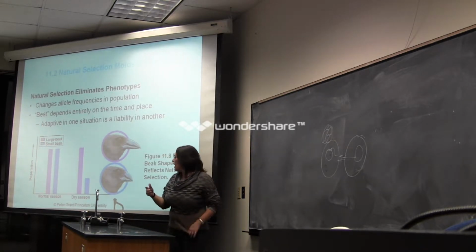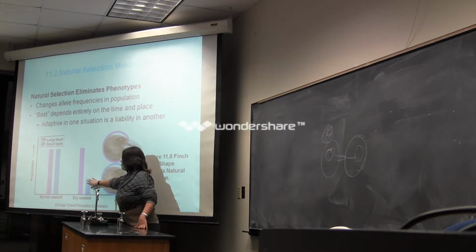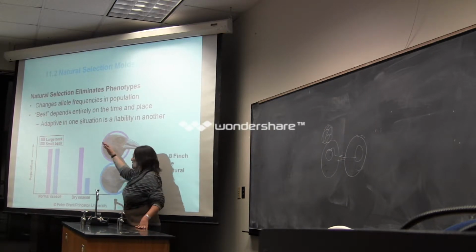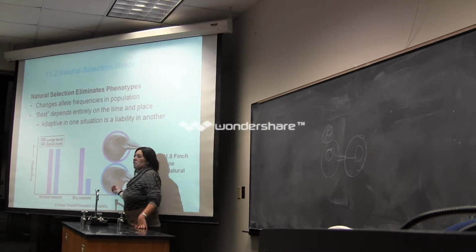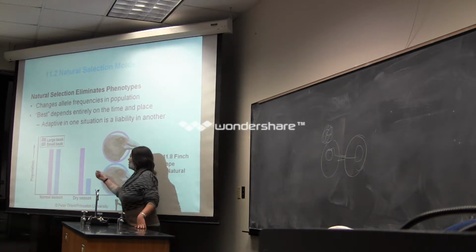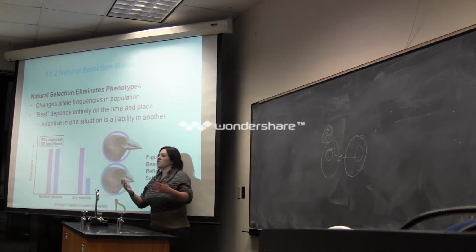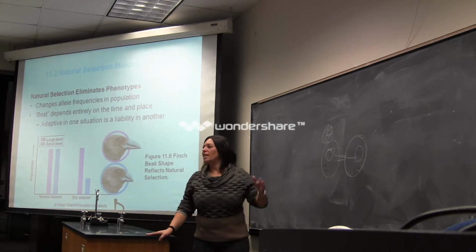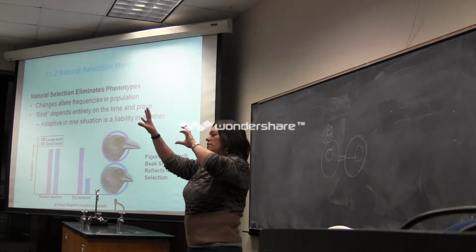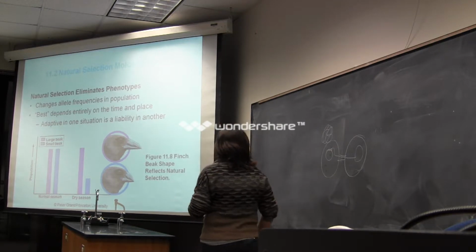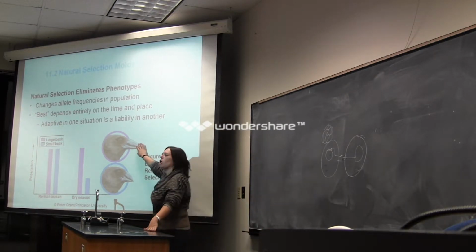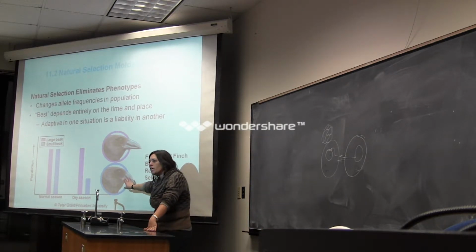And so now you can imagine if this dry season went back to a really wet season, then this guy would probably come back because he can survive just as well in a wet season. It's just when it's a dry season that he's not adapting as well. And so because of these various different traits, in this case, the trait we're talking about is the long beak versus the short beak.